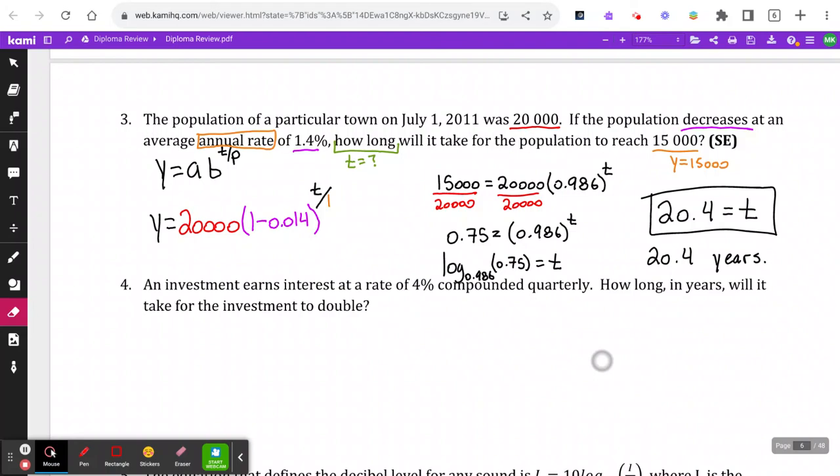If they asked the same question, how long will it take the population to reach 15,000, and they wanted no decimal, would you round up to 21? You just round normally. So it's 20.4 years. If they said round to the nearest year, it'd be 20 years. That's fine, because they're asking how long, not what year. I just didn't know, because at 20 years it won't be at 15,000, but by 21 years it will be. Agreed, which is why they're asking to round. I know what you're saying.